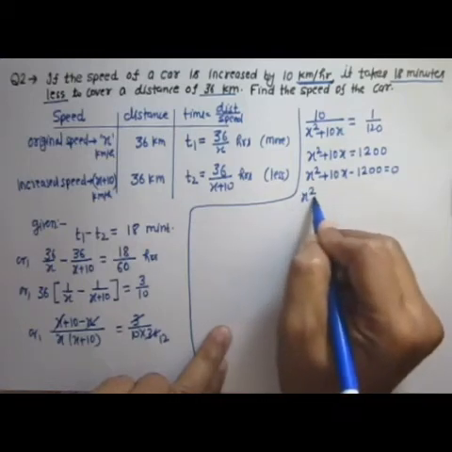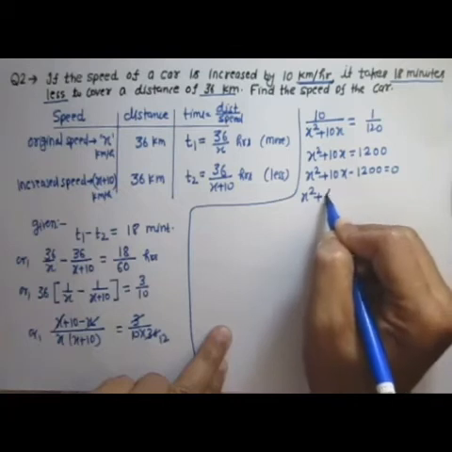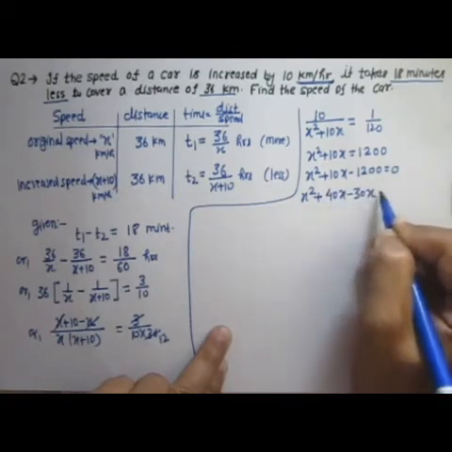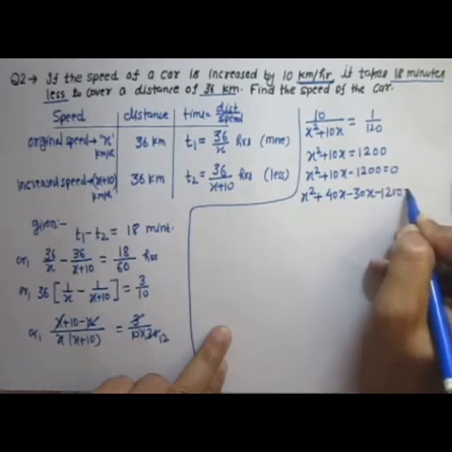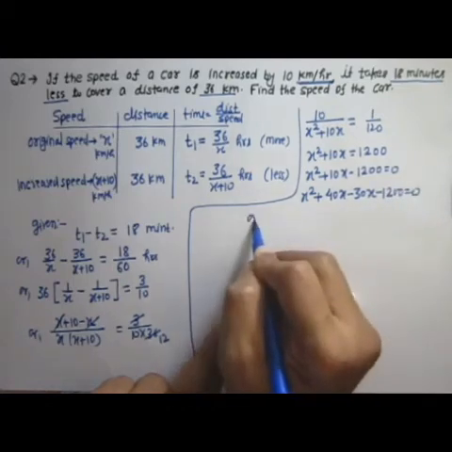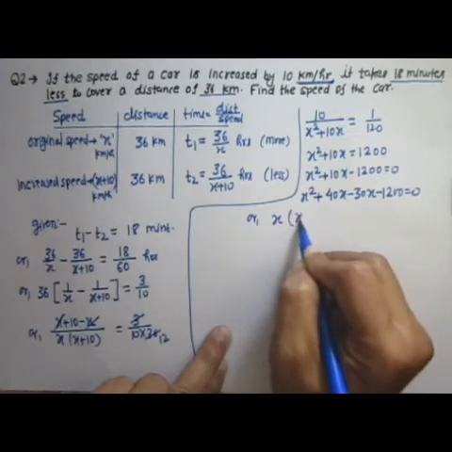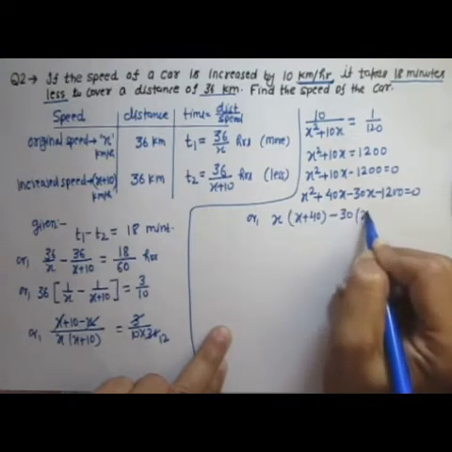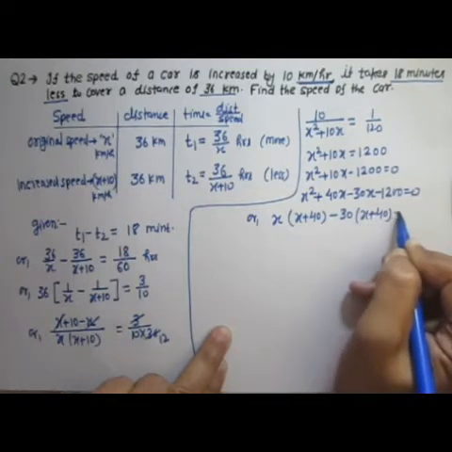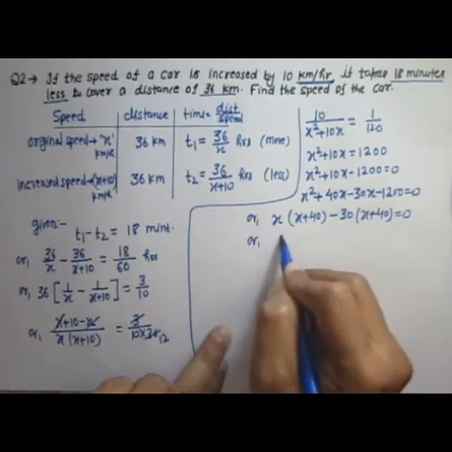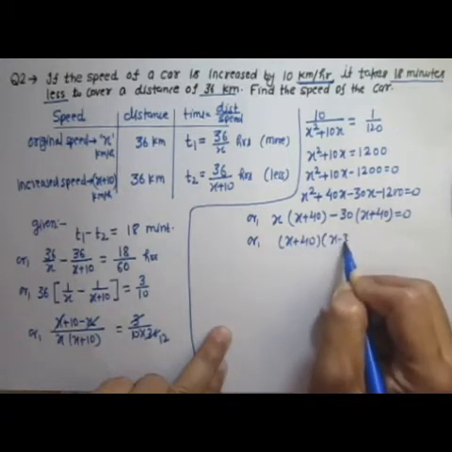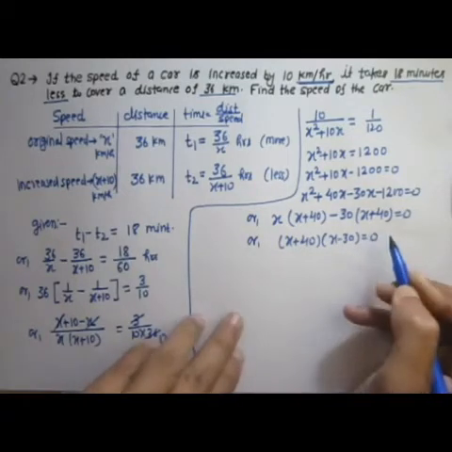x square plus 40x minus 30x minus 1200 is equal to 0. Now taking x common, x plus 40, minus taking 30 common, x plus 40 is equal to 0. So x plus 40 into x minus 30 is equal to 0.